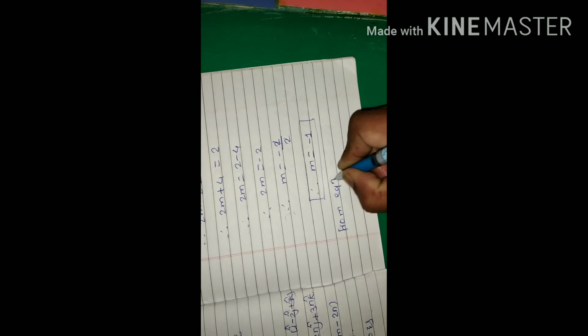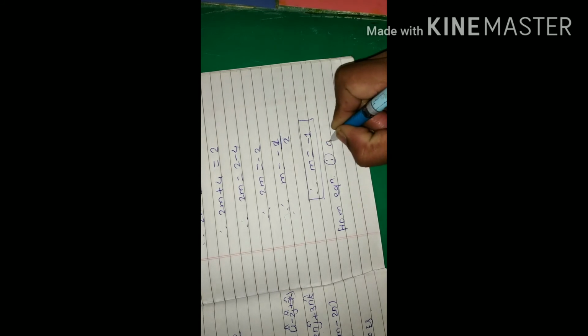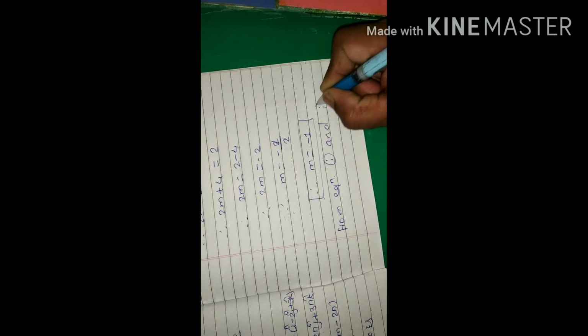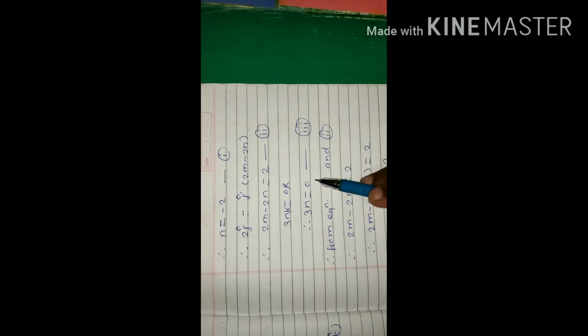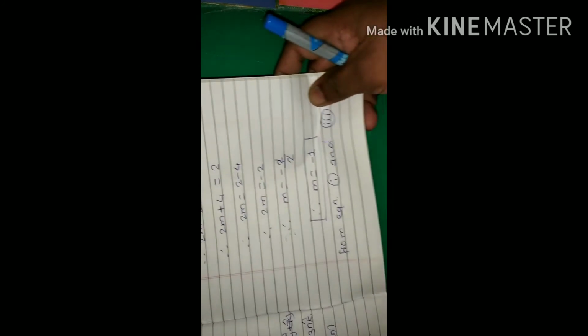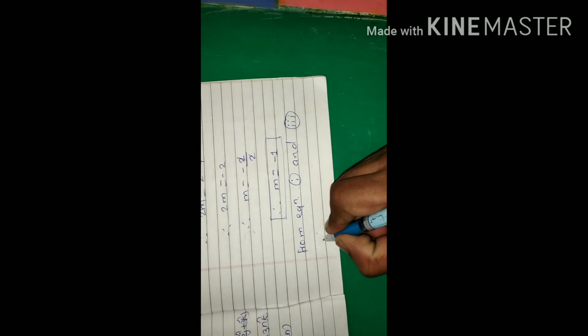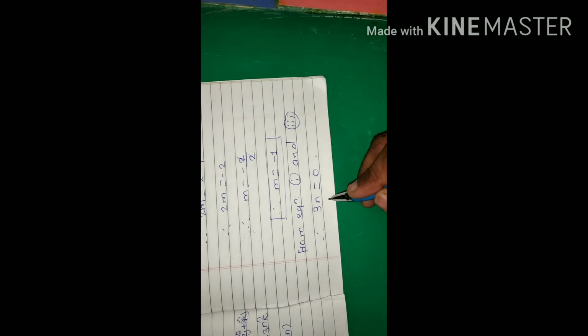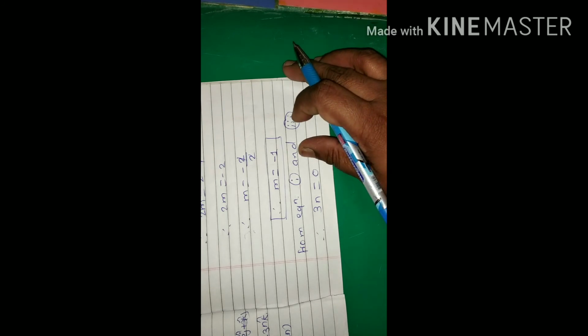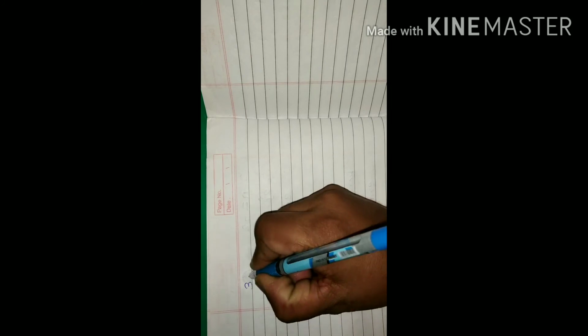Then from equation first and equation third. Equation first is n is equal to minus 2 and equation third is 3n is equal to 0. Put the value of n is minus 2. Therefore 3 into minus 2 is equal to 0.